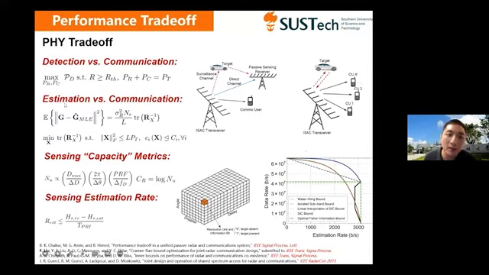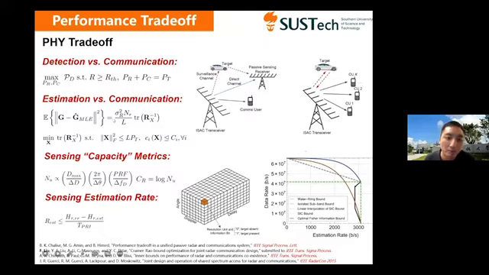Another interesting trade-off is the estimation versus communication, which has been studied in our recent work submitted to ETSP. So we can see the ISAC transceiver. This is a monostatic setting, so the transceiver will transmit and receive by itself. We transmit a common, shared waveform X to both sense a target and serve multiple communication users.